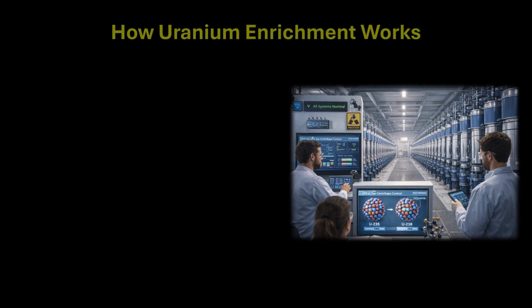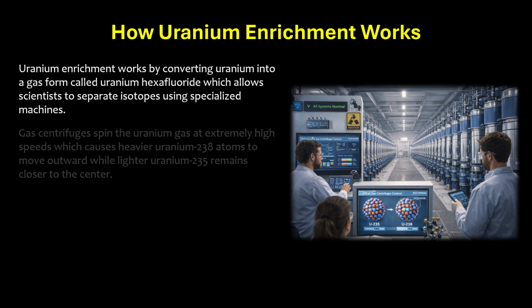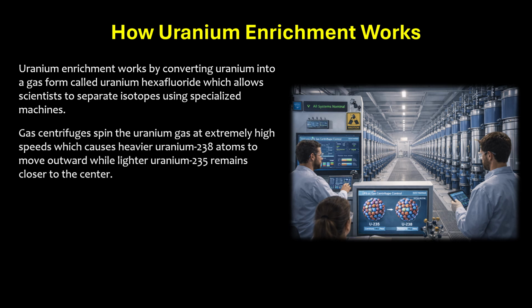How uranium enrichment works. Uranium enrichment works by converting uranium into a gas form called uranium hexafluoride, which allows scientists to separate isotopes using specialized machines. Gas centrifuges spin the uranium gas at extremely high speeds, which causes heavier uranium-238 atoms to move outward, while lighter uranium-235 remains closer to the center.